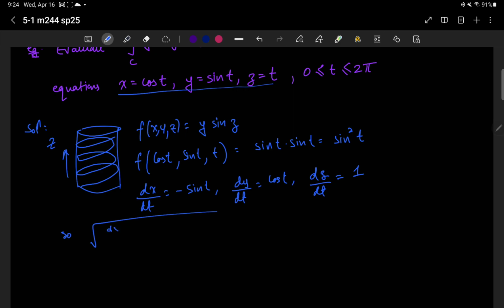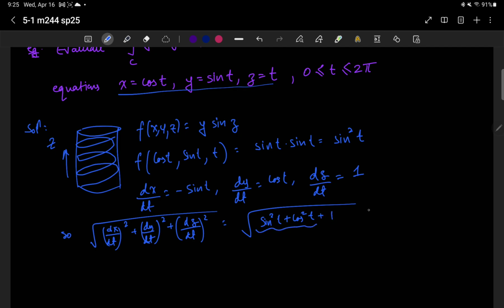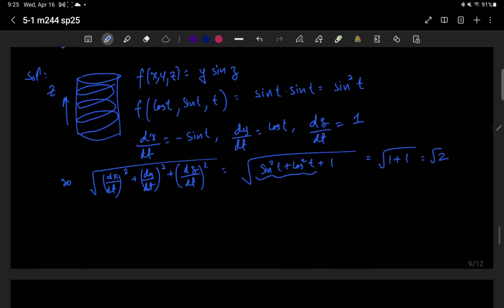this entire square root term, (dx/dt) squared plus (dy/dt) squared plus (dz/dt) squared, is simply sine squared plus cosine squared plus 1. And sine squared plus cosine squared again is 1. That's the most common thing we see. We get root 2.